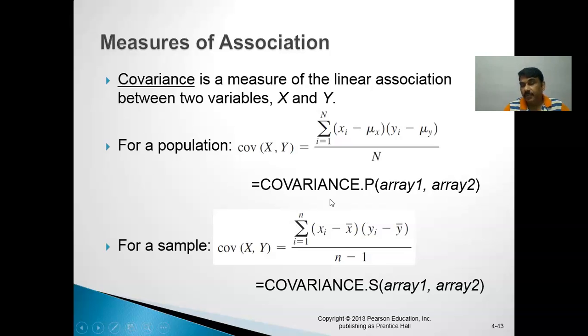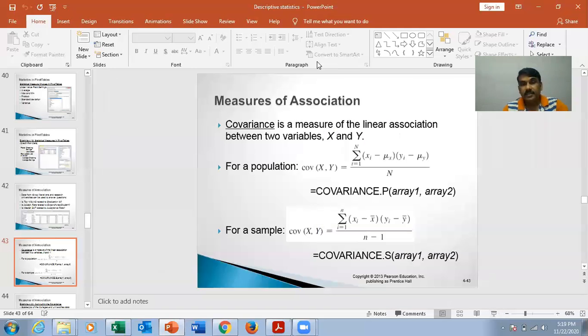If you want to calculate in Excel, then we have directly one formula, COVARIANCE.P with array 1 and array 2, means we have to select the series, and then COVARIANCE.S for sample, right? So I'm going to show you how to calculate the covariance, the first measure of association, in Excel.